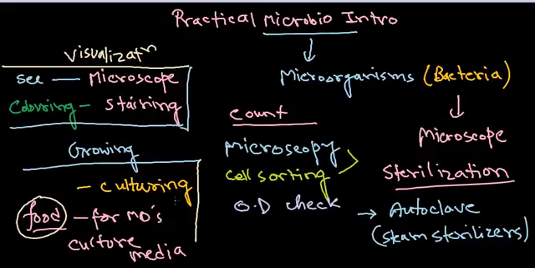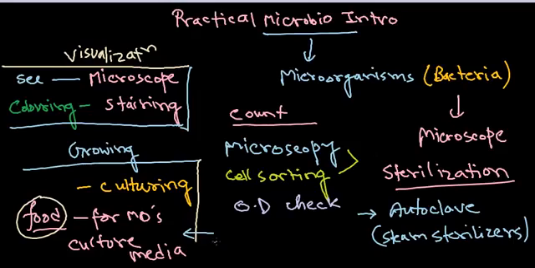And obviously for growth, I missed a point: for growing those microorganisms, not only is the food source important, but also temperature plays a vital role. We need to manage the temperature, because they usually do not grow at room temperature, but at physiological temperature, like 37 degrees Celsius to 45 degrees Celsius for 24 hours to 48 hours, depending upon the type of bacteria and other microorganisms you are dealing with.